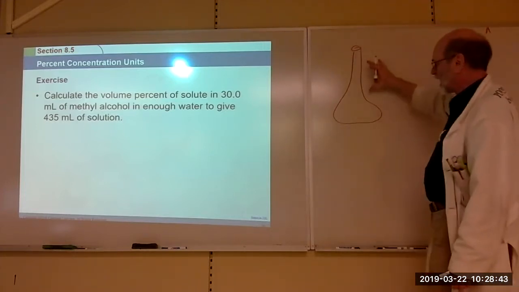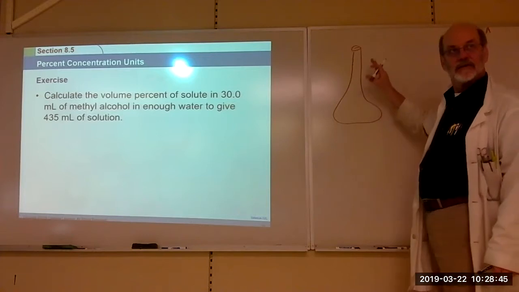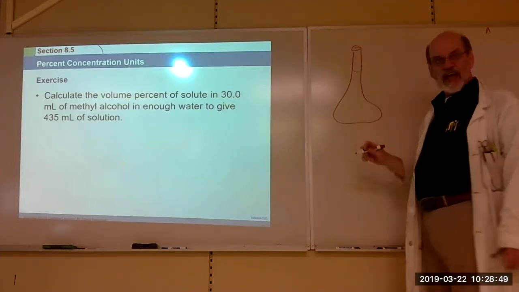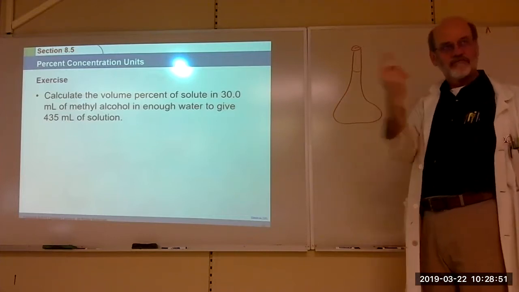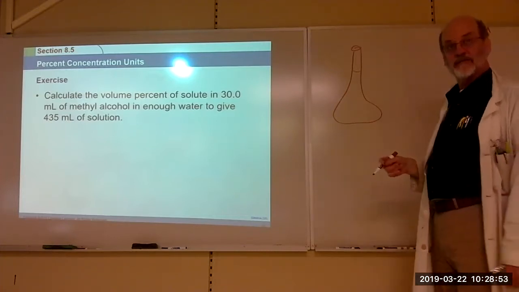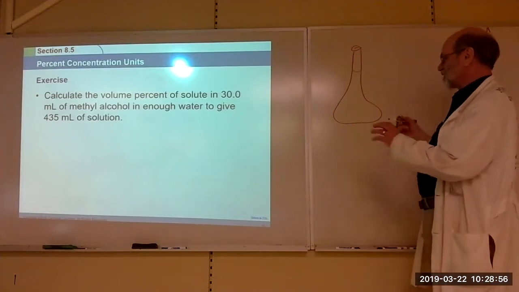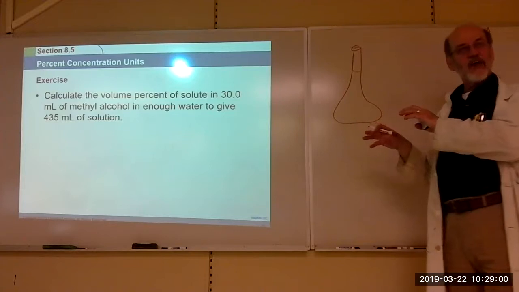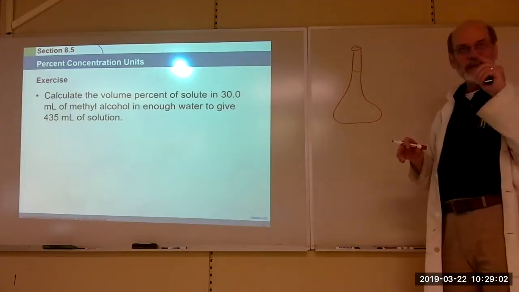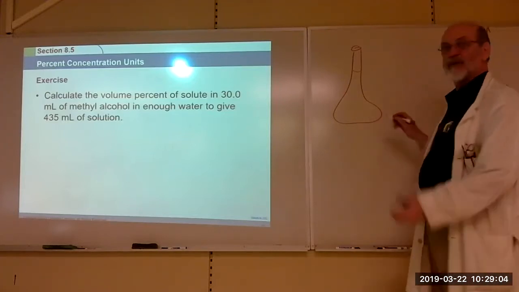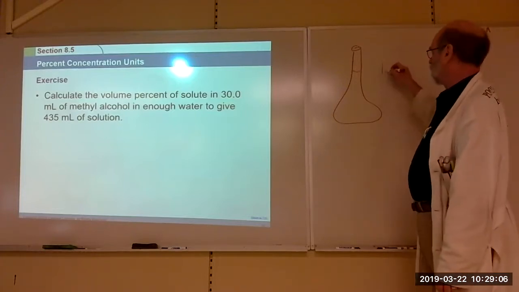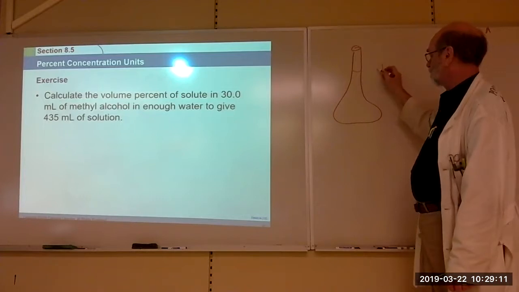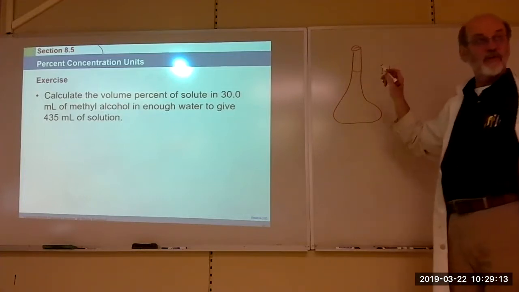It's got a long neck and a big bulb at the bottom, and it's got a mark on here, usually etched, scribed into the glass. So let's say this flask is designed to hold exactly 1 liter. They come in different sizes, but for argument's sake, let's say it's 1 liter. That's what this mark means right here. That's the 1 liter mark.